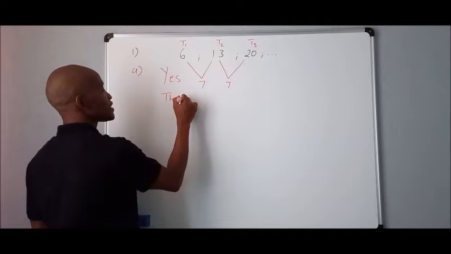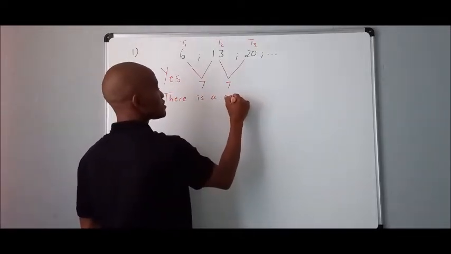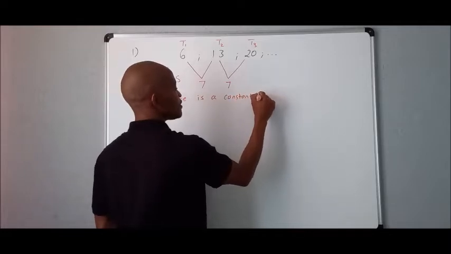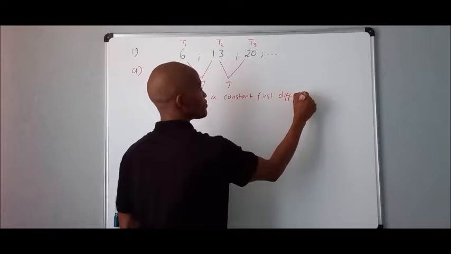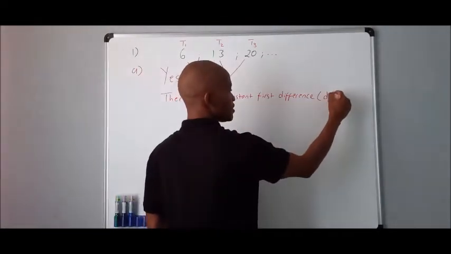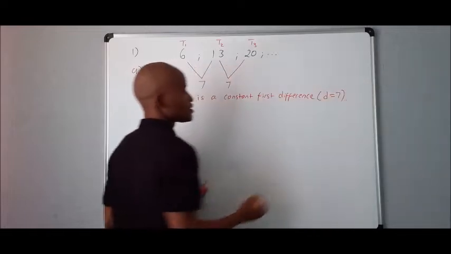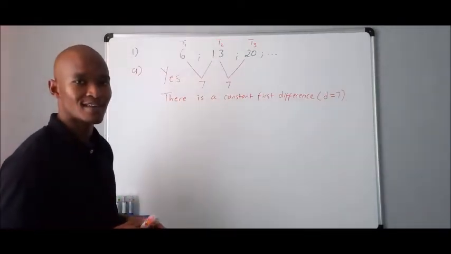So the justification becomes that there is a constant first difference of what? You can even specify it. d is equal to 7. And there we are. You are done like that.